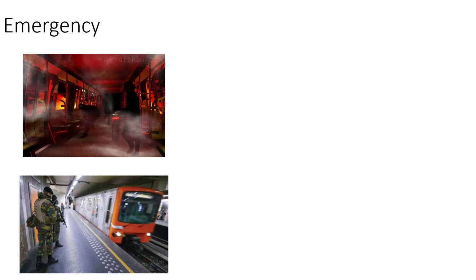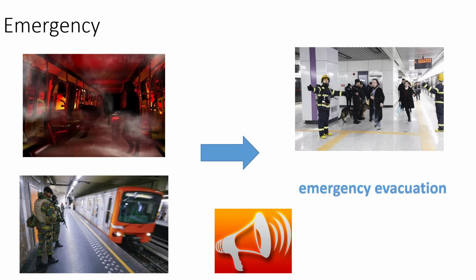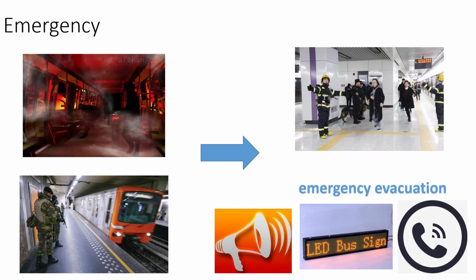Besides, we may meet some emergencies in the subway station, such as fire or terrorist attacks. So we need the staff to tell us how to leave the station as quickly as possible. That's called the emergency evacuation. There are many ways to do the emergency evacuation, such as the broadcast and the LED board in the station, or the telephone.